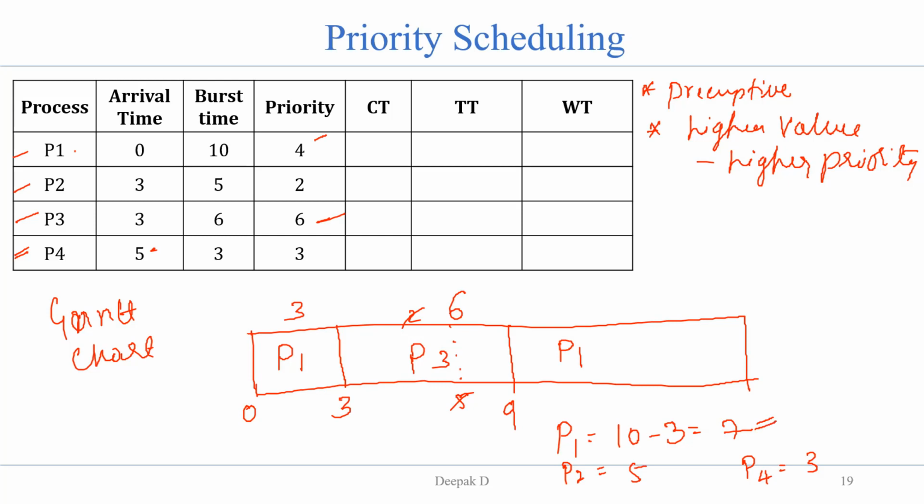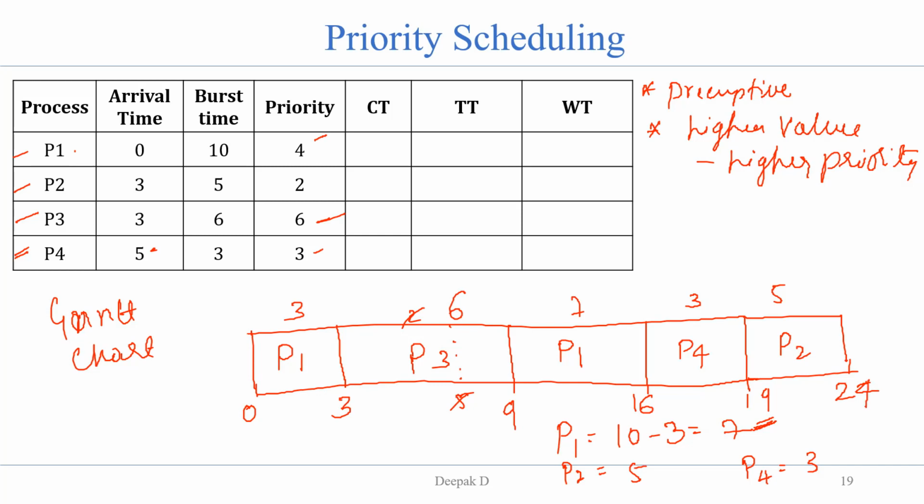How many milliseconds remain? 7 milliseconds, so it completes at 16. Now the next higher priority is P4, which has a burst time of 3, and it completes at 19. And the last is P2, which has a burst time of 5, and it is completed at 24 milliseconds. So this is how we draw the Gantt chart.